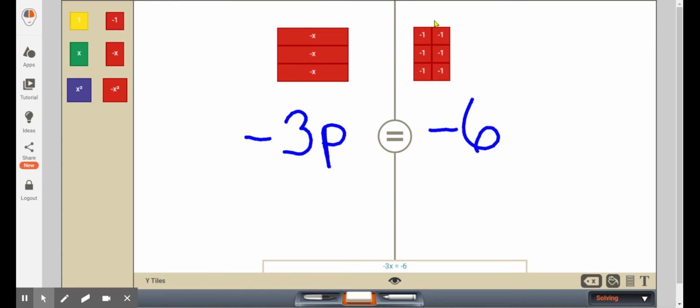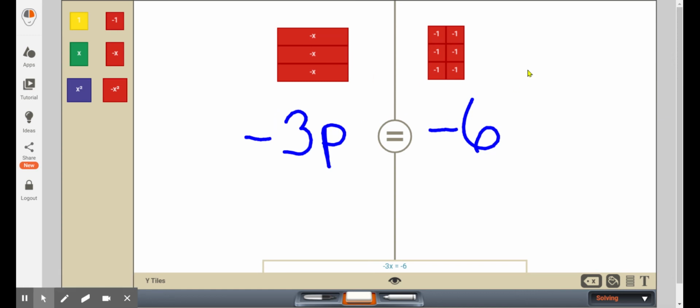And then the value on the right side is going to be negative 6. So we need to put something in here that's going to multiply negative 3 to give us negative 6. Right? So we have negative 3, negative 3.